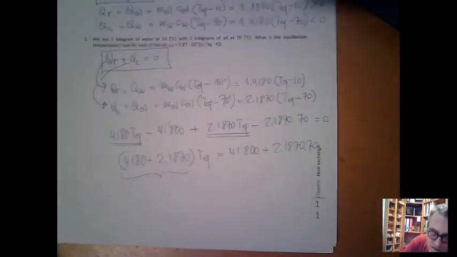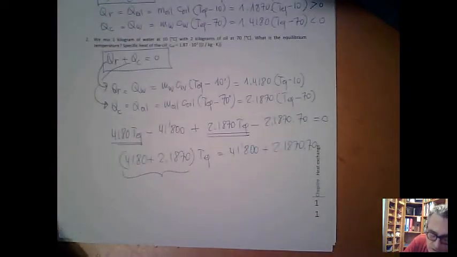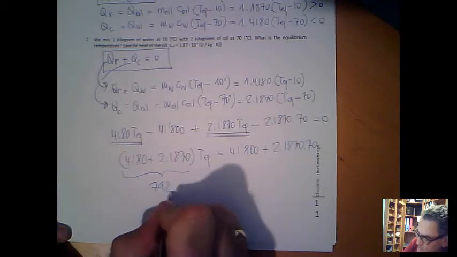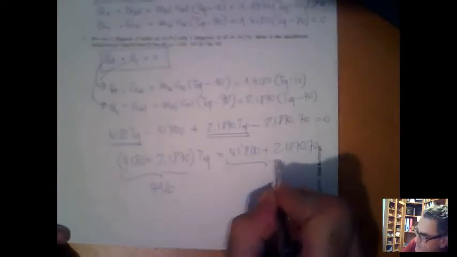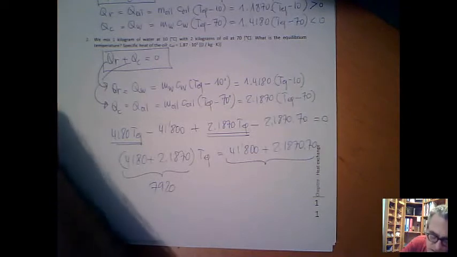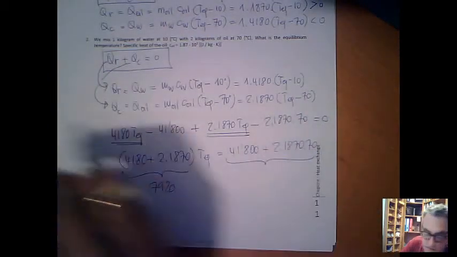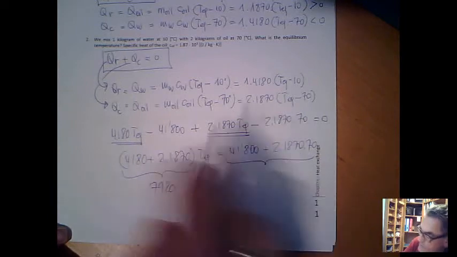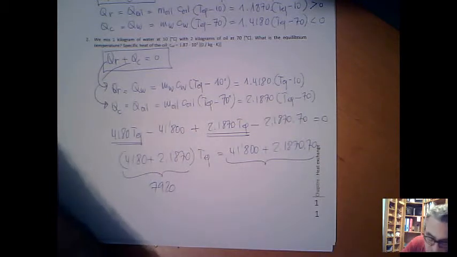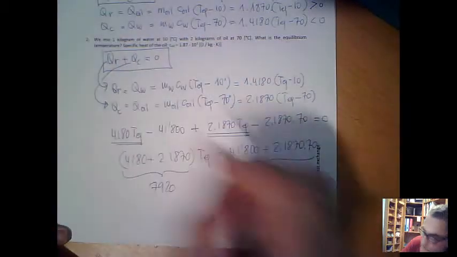So this guy is going to be how much? It's going to be 2 times 1,870 plus 4,180, and that's 7,920, okay? And here we have 2 times 1,870 times 70. This is 261,800 plus 41,800.